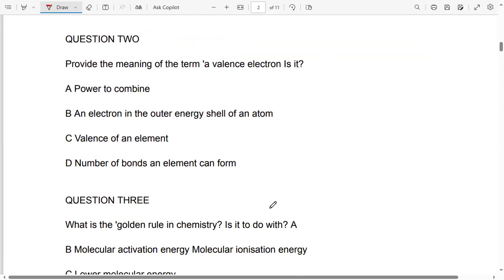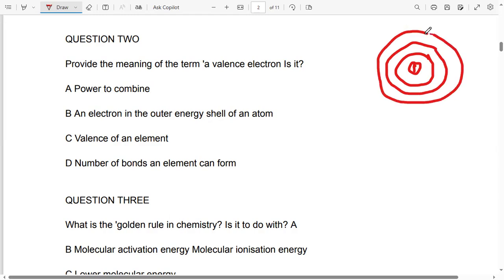Question number 2 says, provide the meaning of the term a valence electron. If you remember these electron diagrams from grade 10, you had the nucleus with the protons and neutrons, and then you have these energy levels surrounding the nucleus, and in these energy levels you found your electrons.